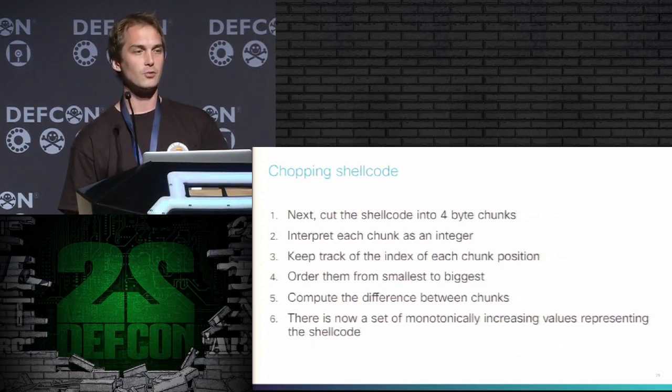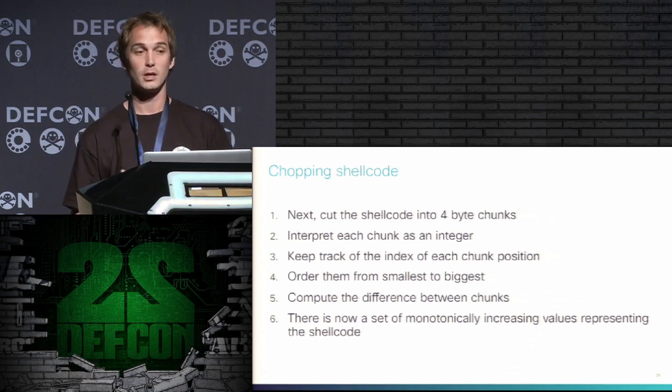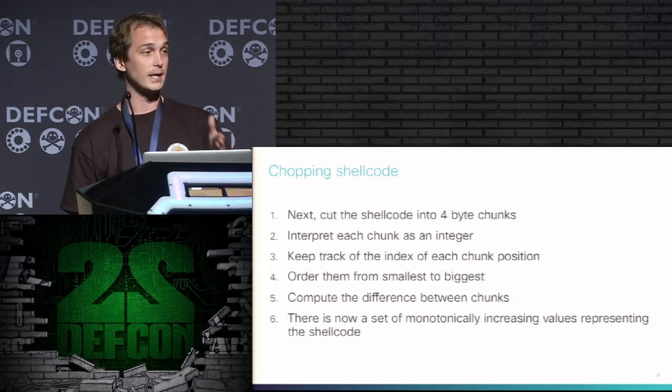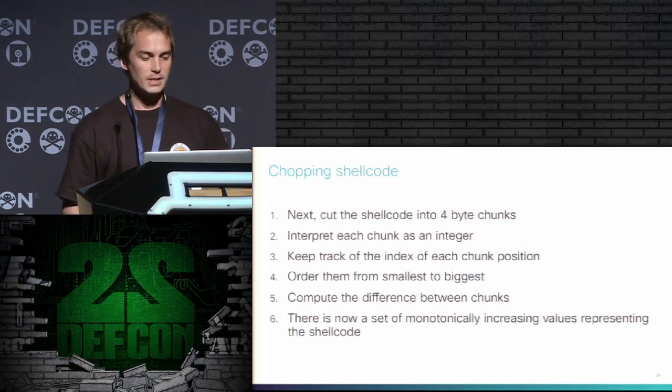And so you keep track of the index of each chunk, knowing which index your number is. Since you're always going to be adding, you want them to be ordered, because you always want to go from smaller to bigger. So you take your shellcode, cut it into little bits as numbers, keep track of their position, and reorder them from smallest to biggest, right?